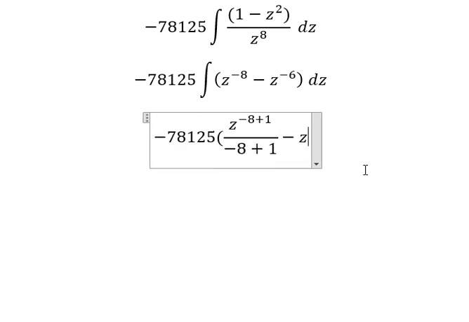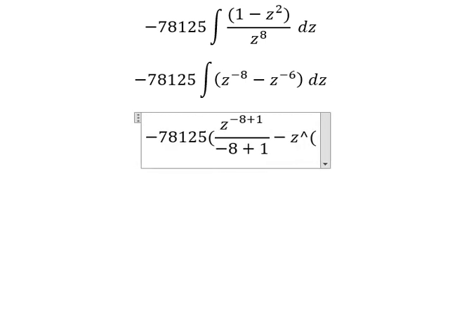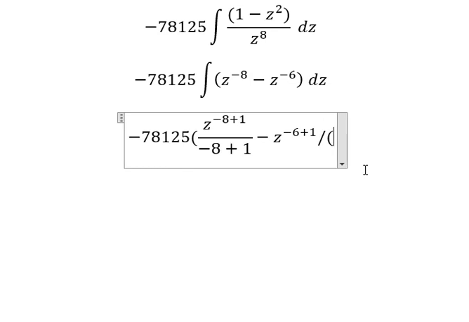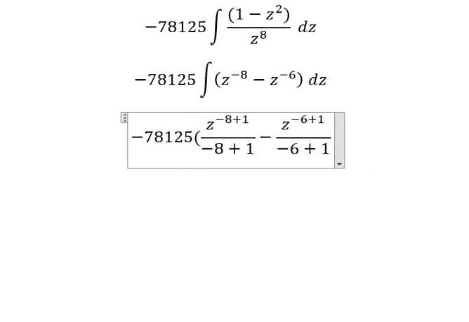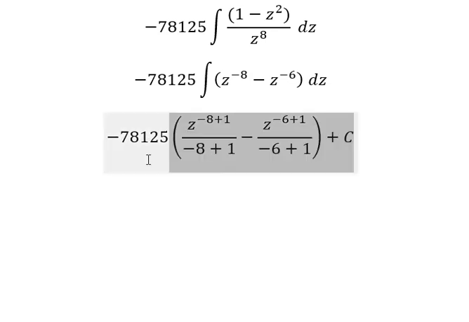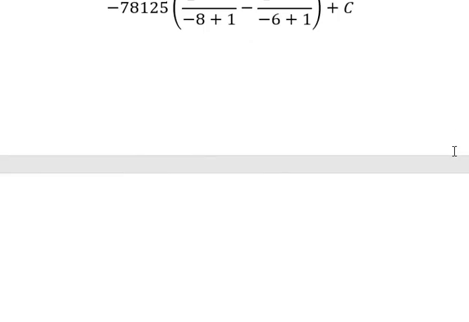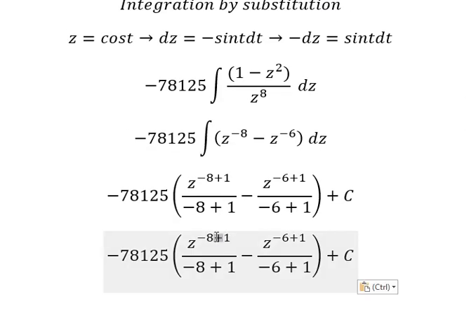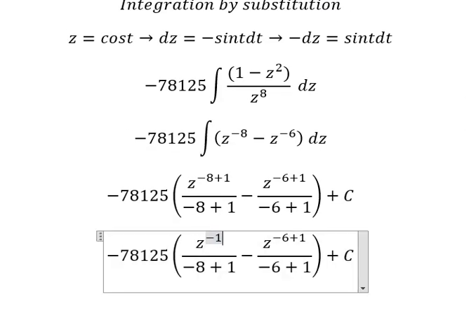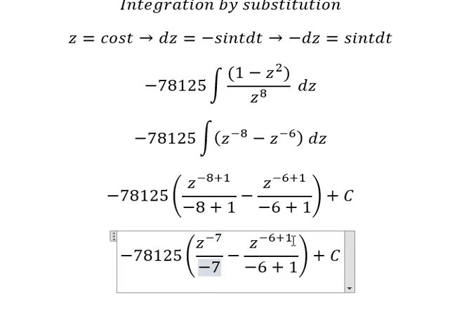Similar for the next one. So this one you got negative 7. This one we got negative 7. This one we got negative 5. Negative 5.